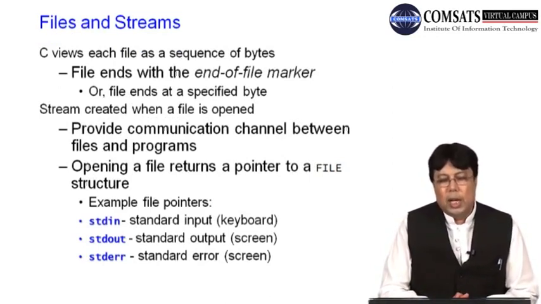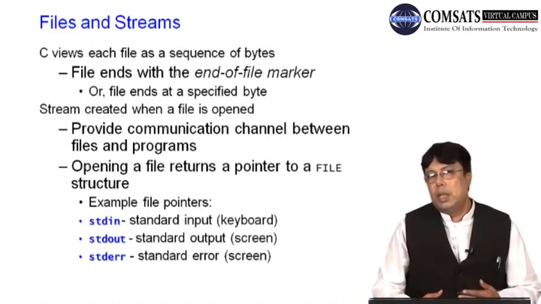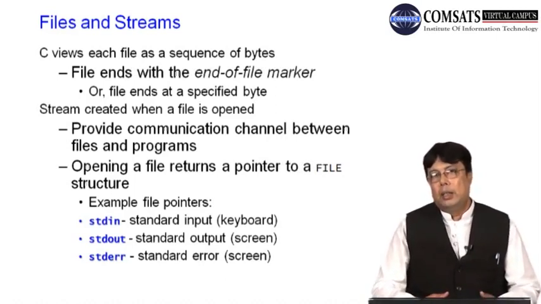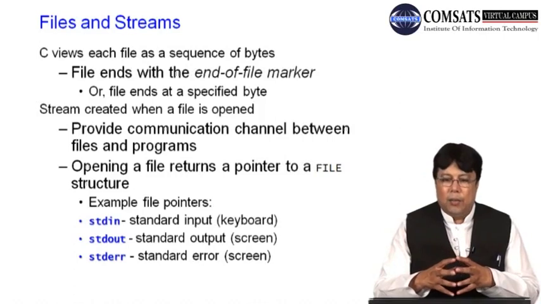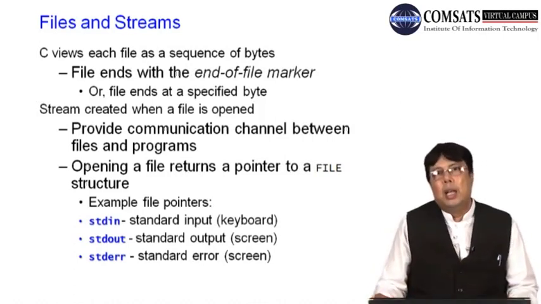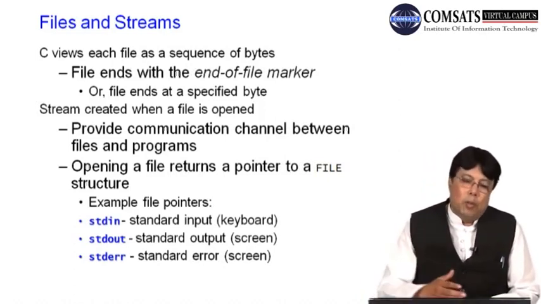C views each file as a sequence of bytes. Now I'm not talking about a sequence of records. The C language, the C compiler, views the file basically in the form of a sequence of bytes. This sequence of bytes is basically called a stream, a stream of bytes.